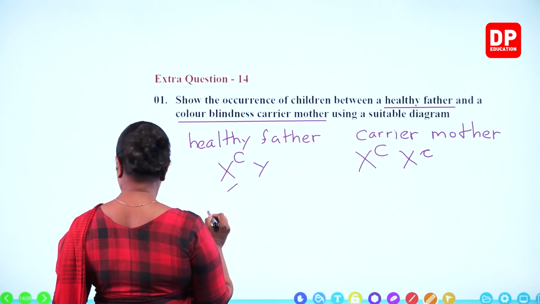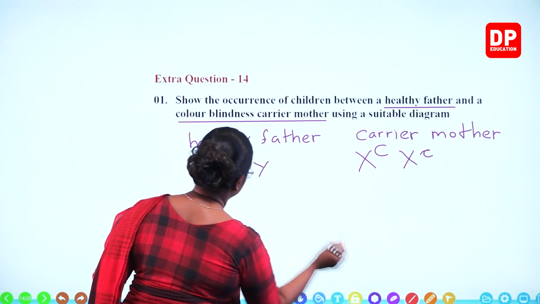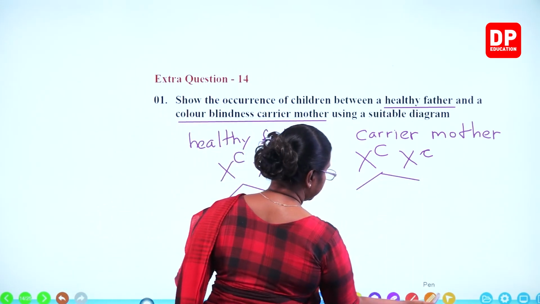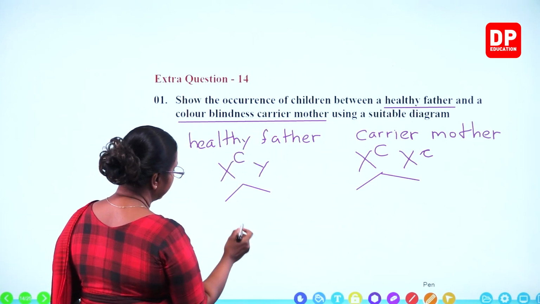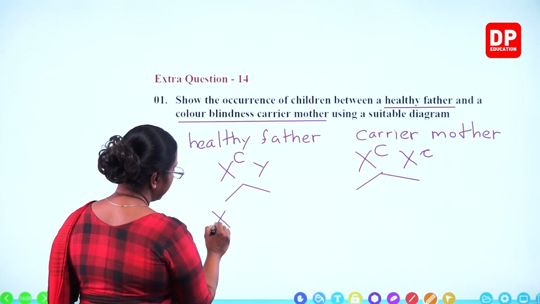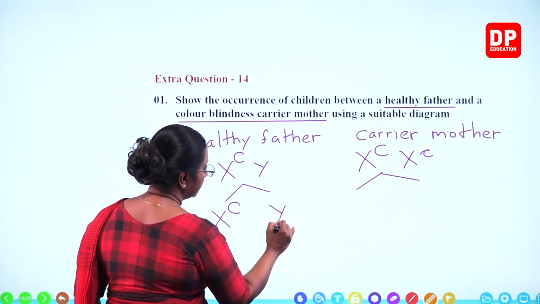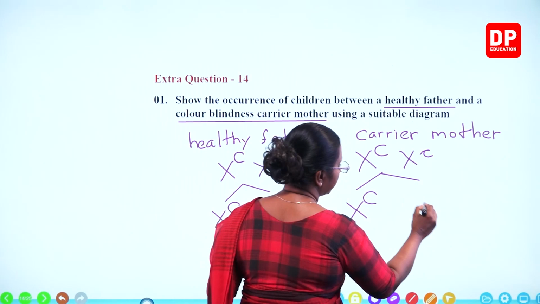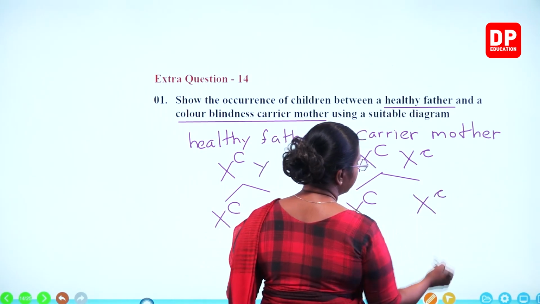Then the gametes: you will get 2 gametes each, the sperms and the eggs, X capital C, Y, and X capital C, X simple C.